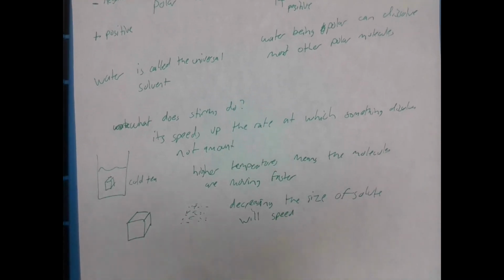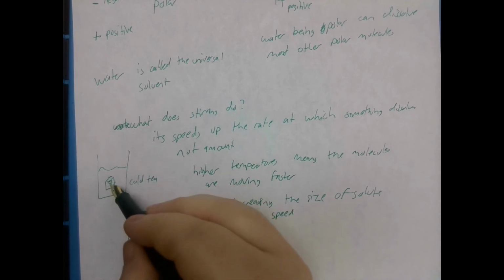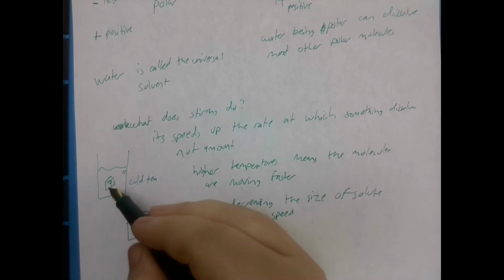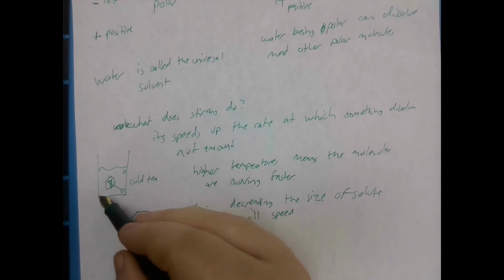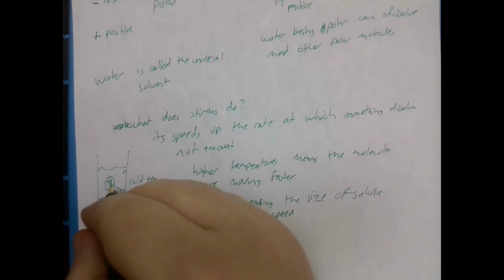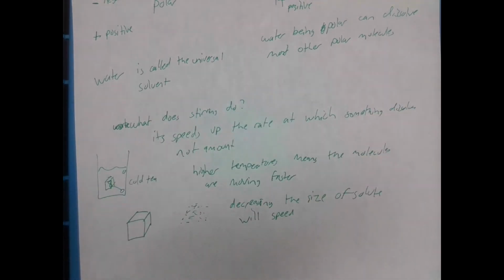Because think about it. If I put this cube, part of the sugar is going to have to eventually move over here. Some parts of it are going to have to move over here. We're trying to distribute the sugar cube everywhere throughout the liquid. But if we have little tiny particles, it's much easier for it to spread out. That's why when I was heating it up, I had that magnetic stirring thing, so we didn't sit there for hours.